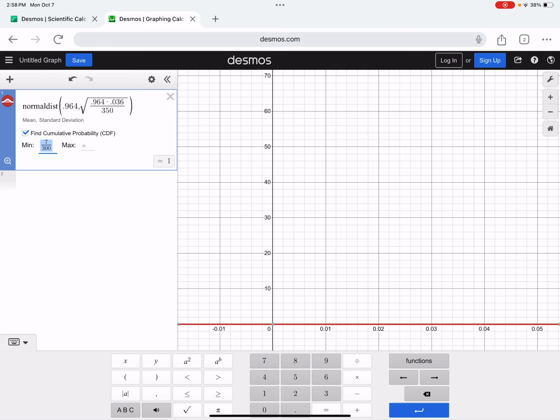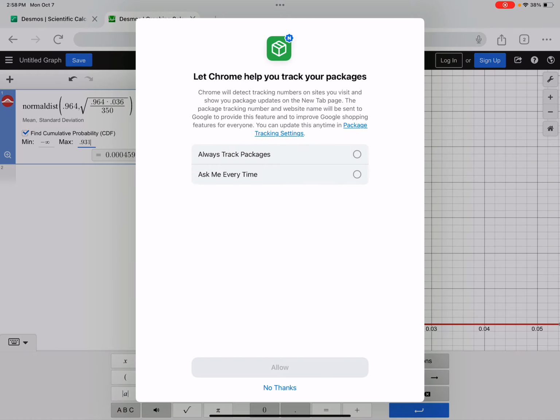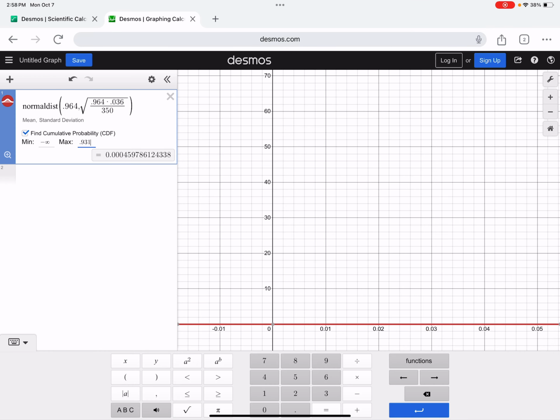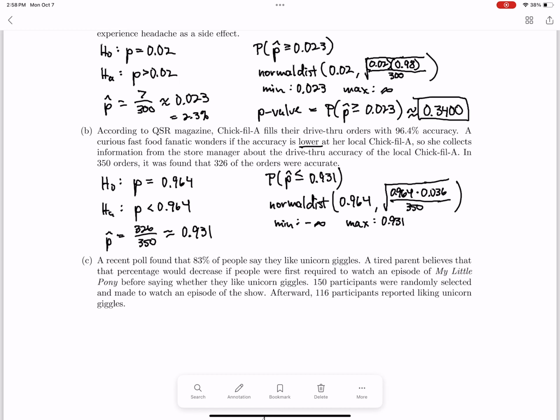And we were looking for the probability that x was between negative infinity and 0.931. So that comes out to, did I have all of that right? 0.931?